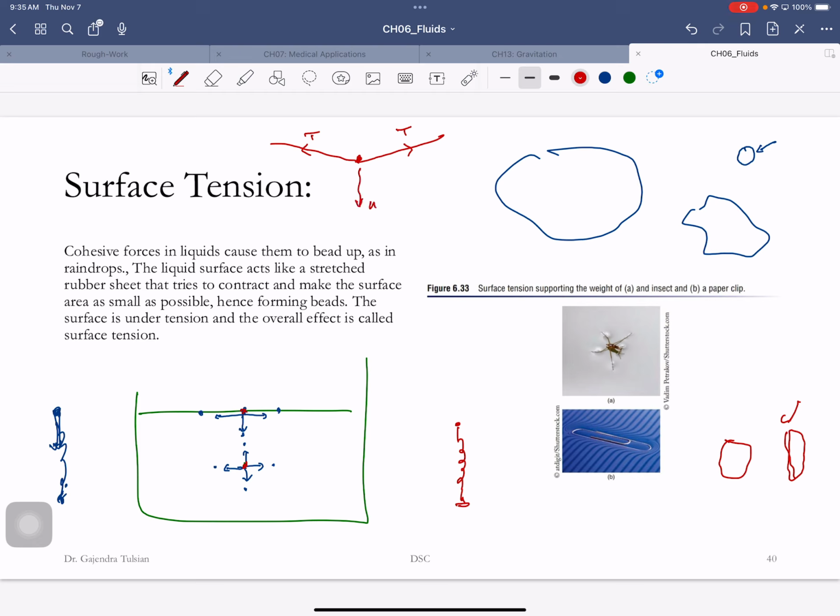What is happening is there's this component of the tension and that component of that tension. These two components of the tension are supporting the weight of the bug. Greater the tension, heavier the bug you can support.